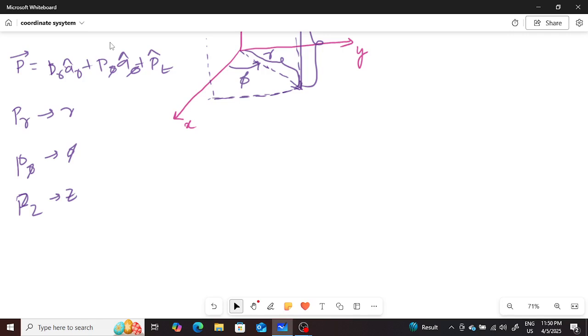So by this you can understand a_r, a_phi, a_z are the three base vectors in the cylindrical coordinate system.